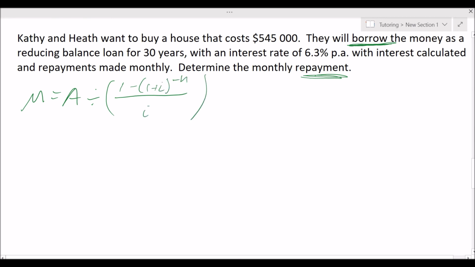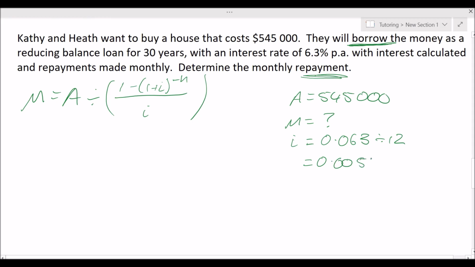And here are our variables. We are trying to find the monthly repayment. The interest rate is 0.063 divided into 12 months. We get a value of 0.00525.